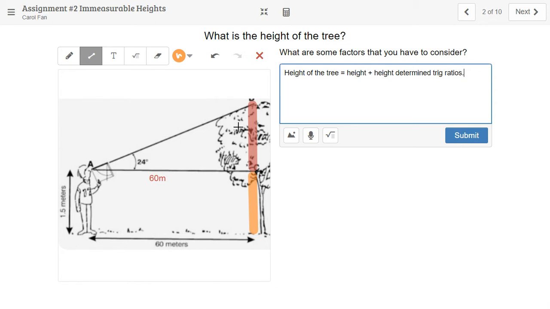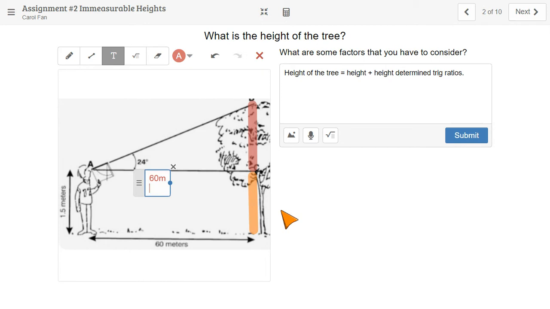Let's solve it. Now, this height we already know. Let's use this. We have the working angle here. We have 60 degrees, which is our adjacent. And here we have our opposite. So we're going to use tangent to find the opposite.